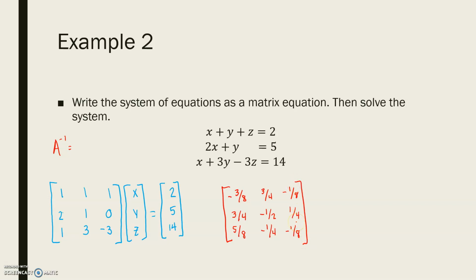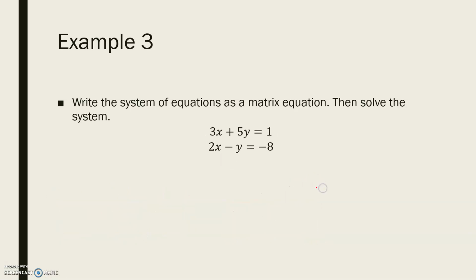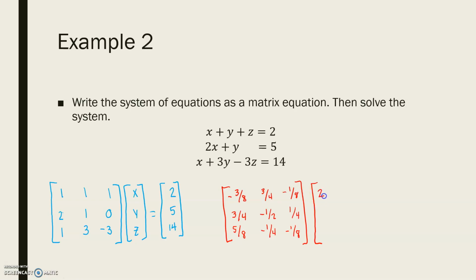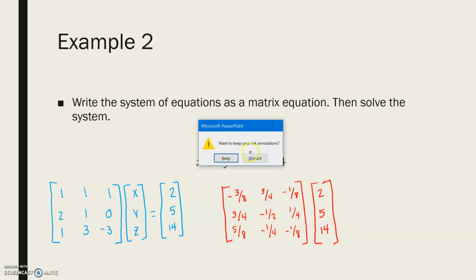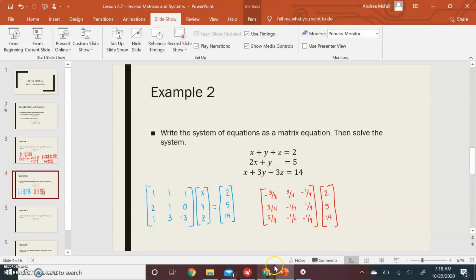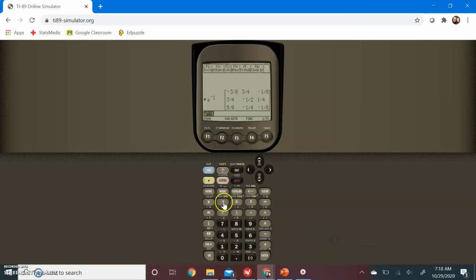What do I need to do with the inverse matrix now to finish solving? I need to multiply it by this matrix here. So I'm going to multiply this by 2, 5, 14. And here's the even better news. I do not expect you to do that without a calculator. So I'm going to go back to my calculator, and I'm going to create a new matrix that would fit that third one.